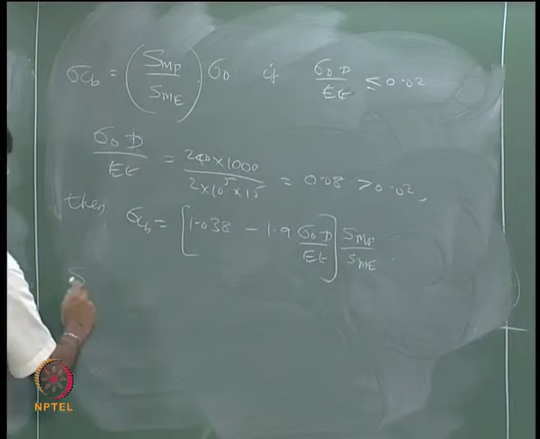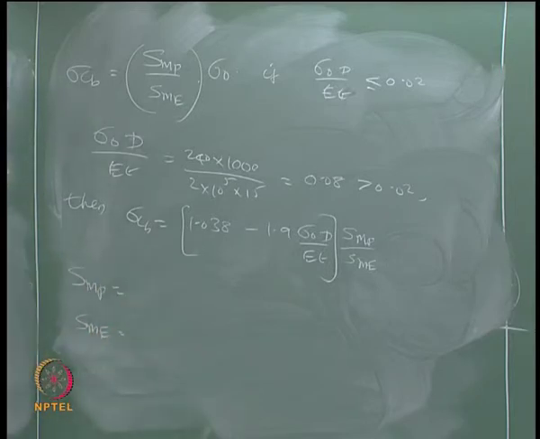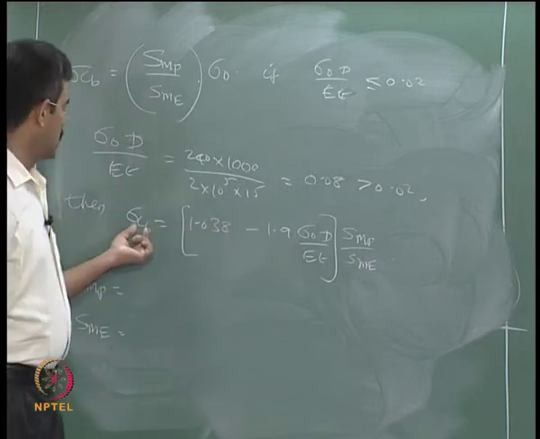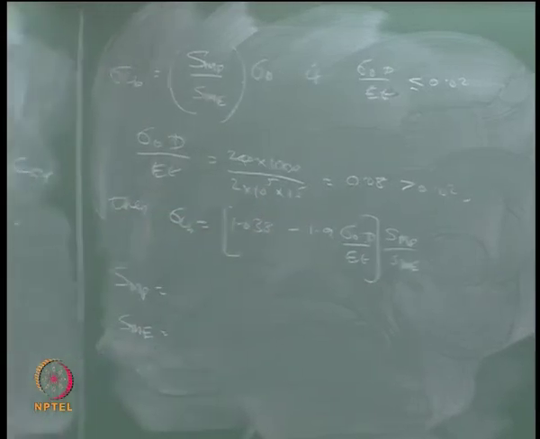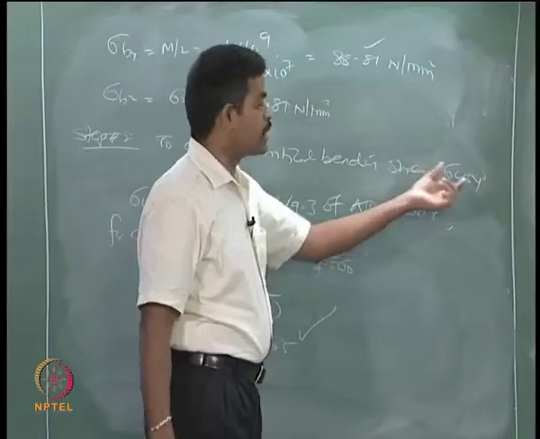So, let us say SMP and SME are the plastic section modulus and elastic section modulus of the given section. If I know the ratio of these two, I substitute here and get my critical bending strength which is allowed in the section.